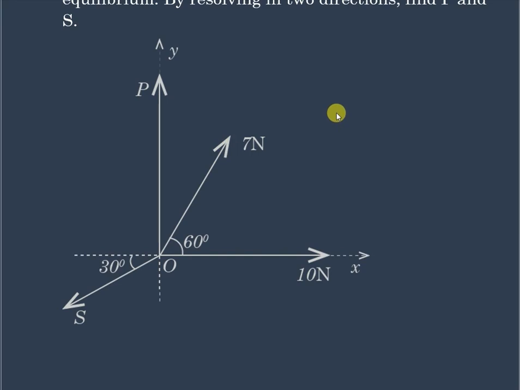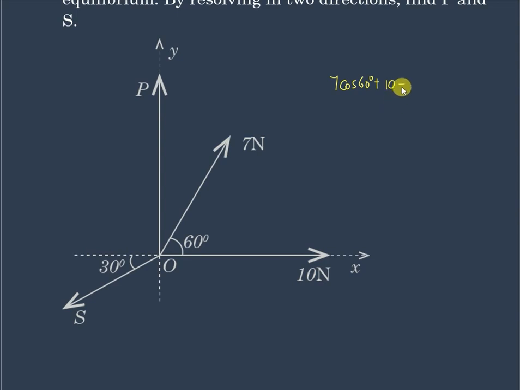So when I resolve horizontally, I have the horizontal component of this 7 newton force. It is 7 times cosine of 60 degrees. I add on the horizontal component of that, which is 10. Then I subtract.